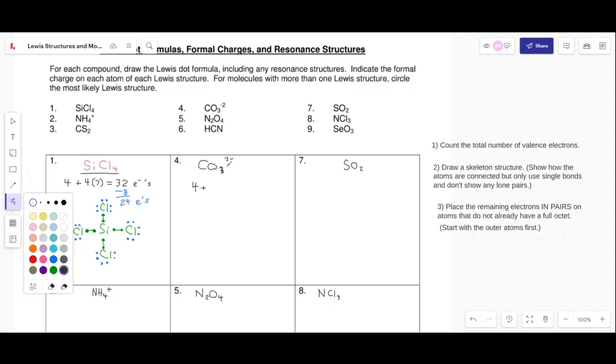So there are 3 of them, so we'll put 3 times 6. Now, it also has a 2 minus charge, right? So since there's a 2 minus charge, am I going to have extra valence electrons or am I going to have fewer valence electrons?